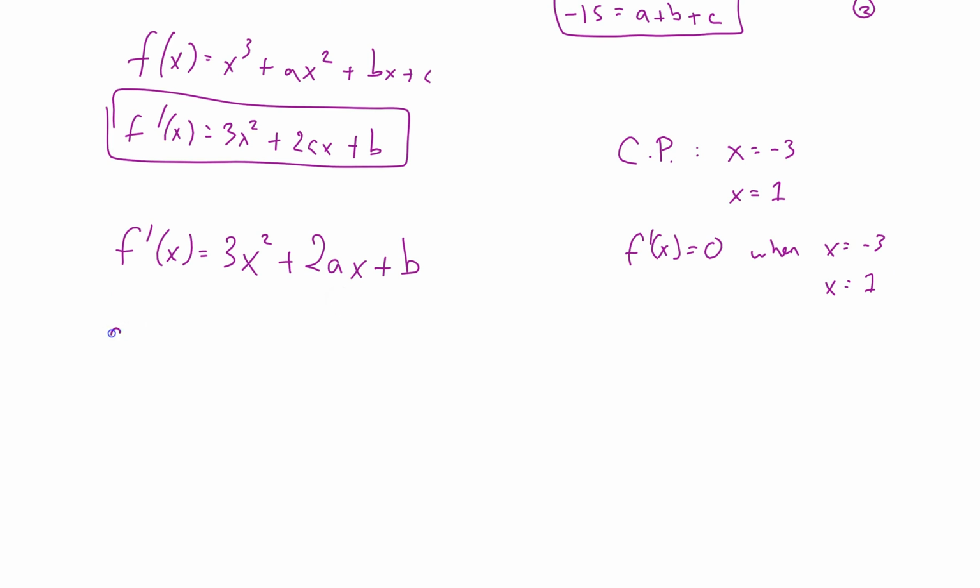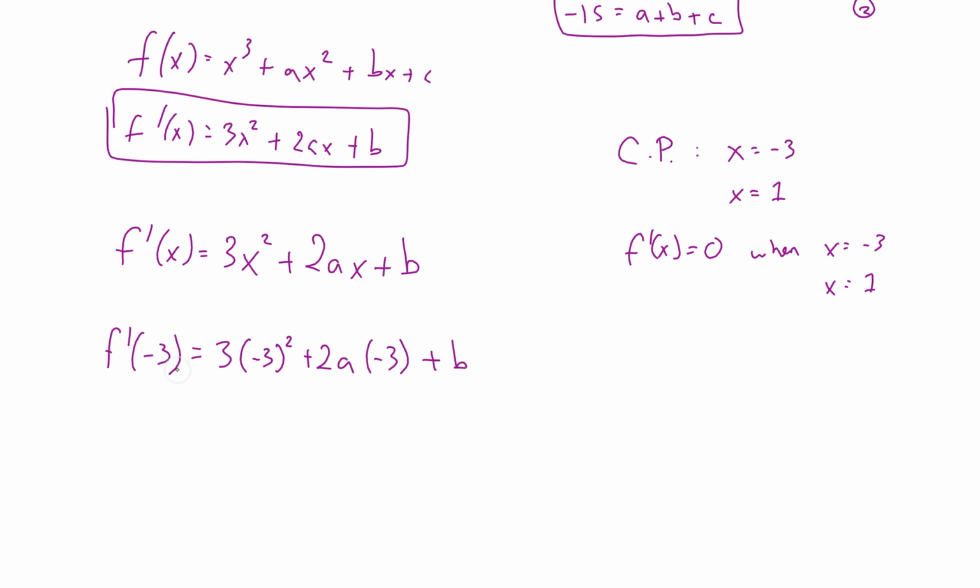So let's do f prime of -3. Well, it's equal to 3 times -3 squared plus 2a times -3 plus b.